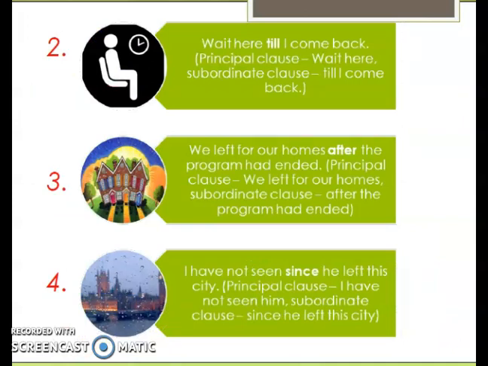Now here we have some more examples, sentences related to subordinating conjunctions of time. Please, you have some time to read all these examples carefully. In these three sentences, the words till, after, and since, they are subordinating conjunctions.